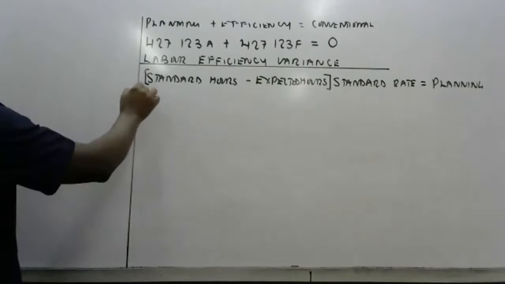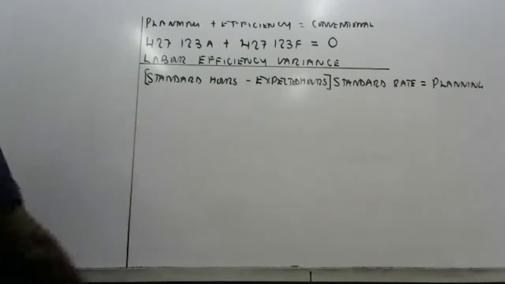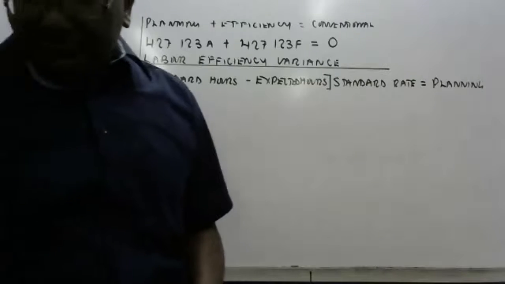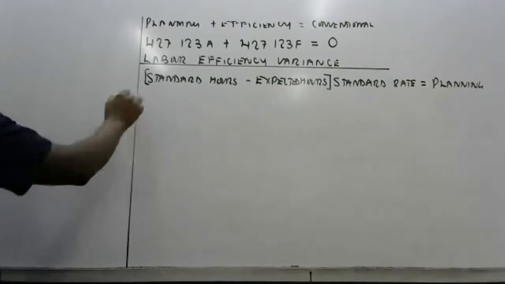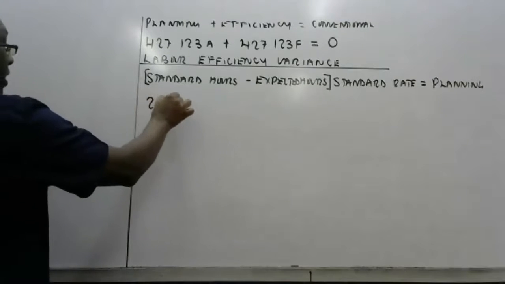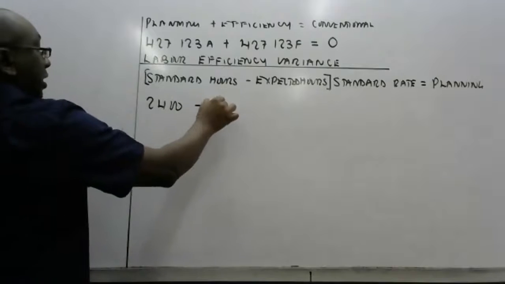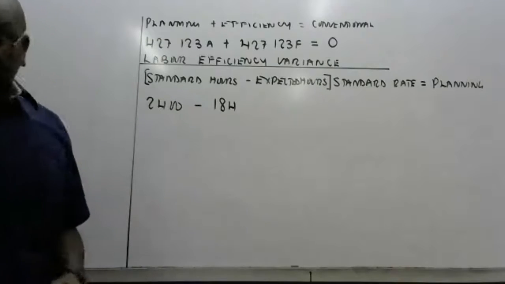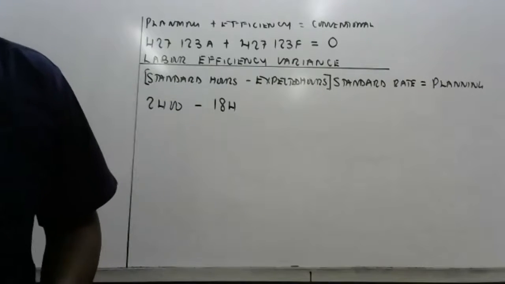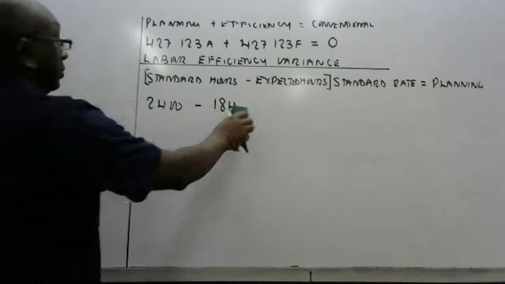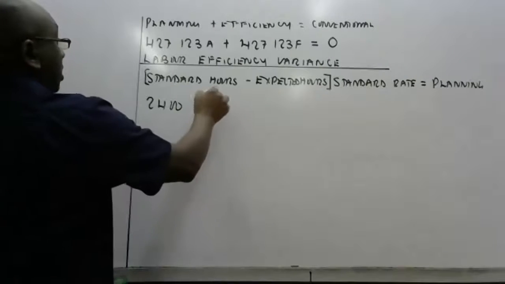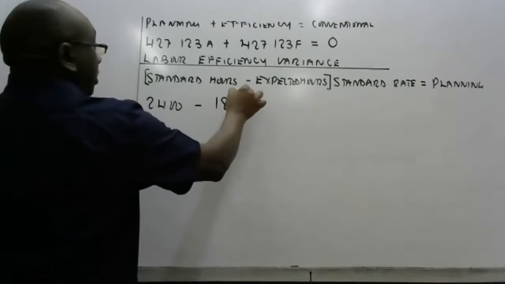So the standard hours were what was in the budget, 2,400. The expected is needed to compute. Was it 1848 or 1828? 1828.